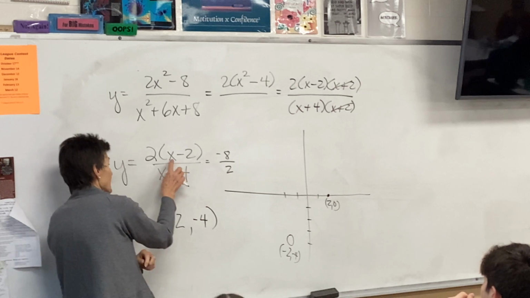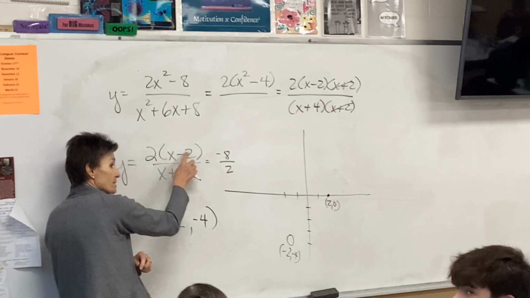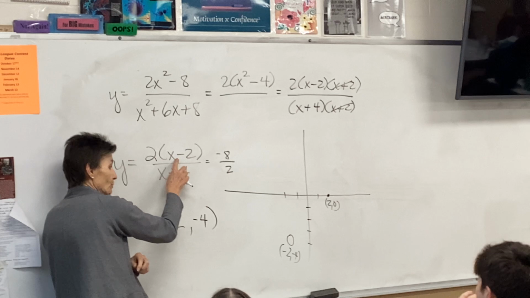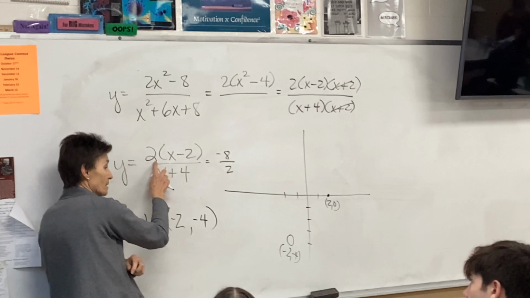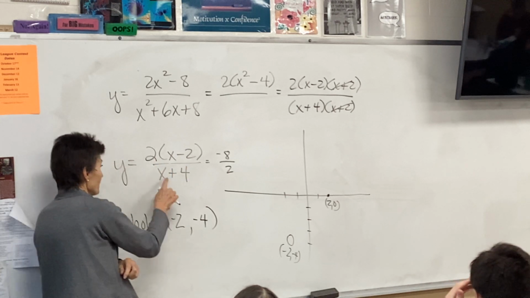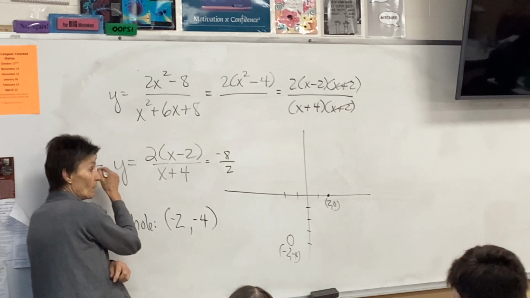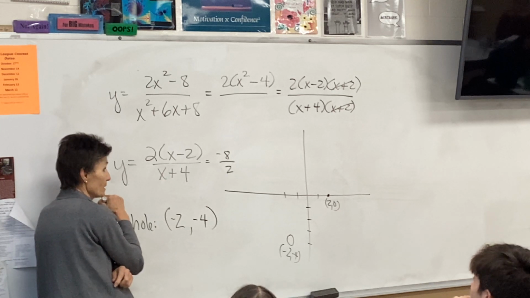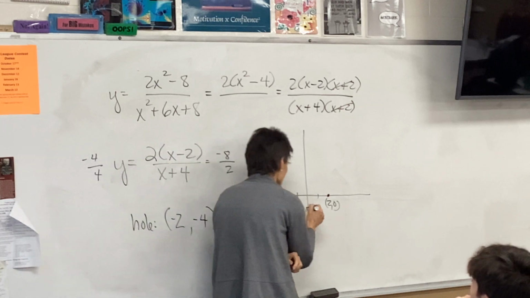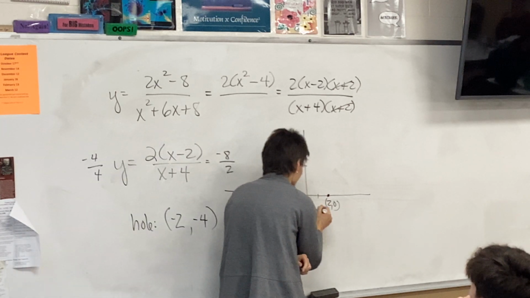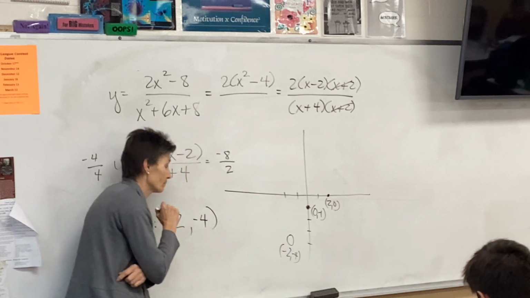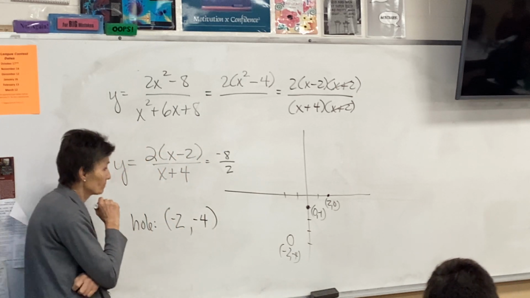So if I let x be 0, this is -2 times 2 is -4. And if I put a 0 in, I get 4. So my y-intercept is 0, -1.